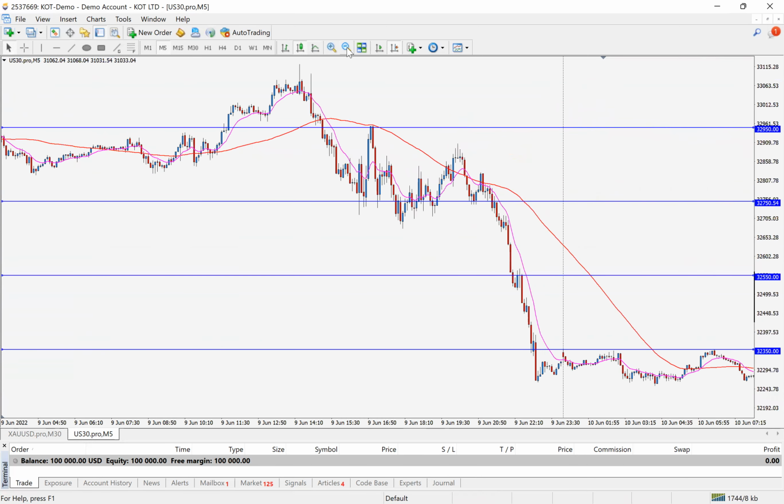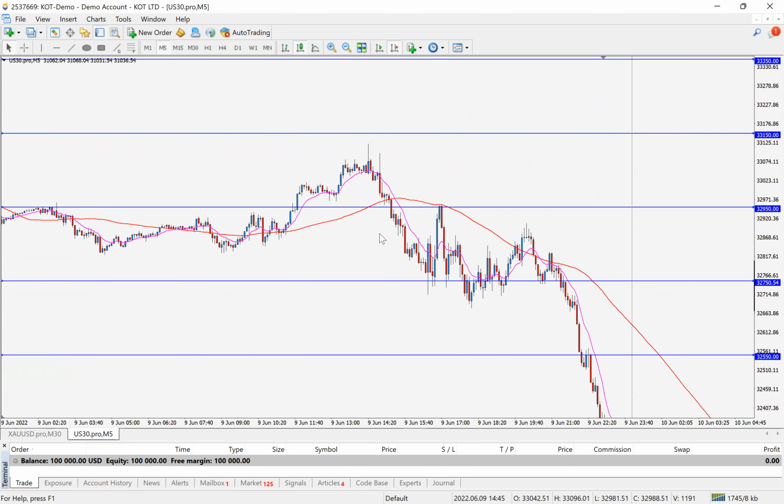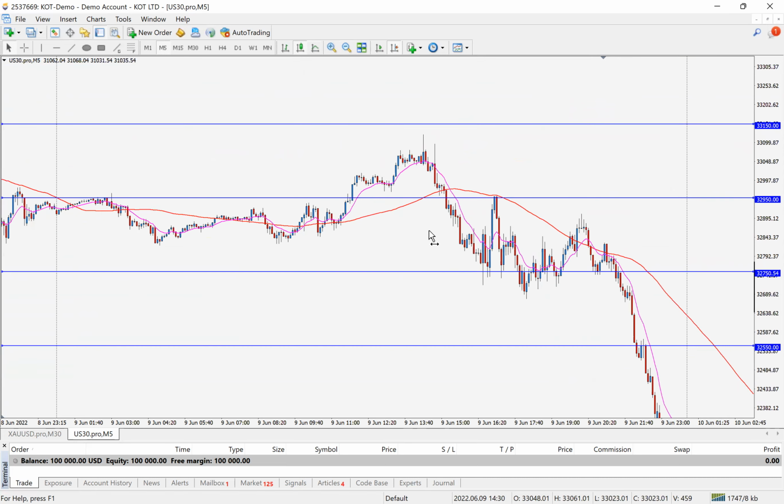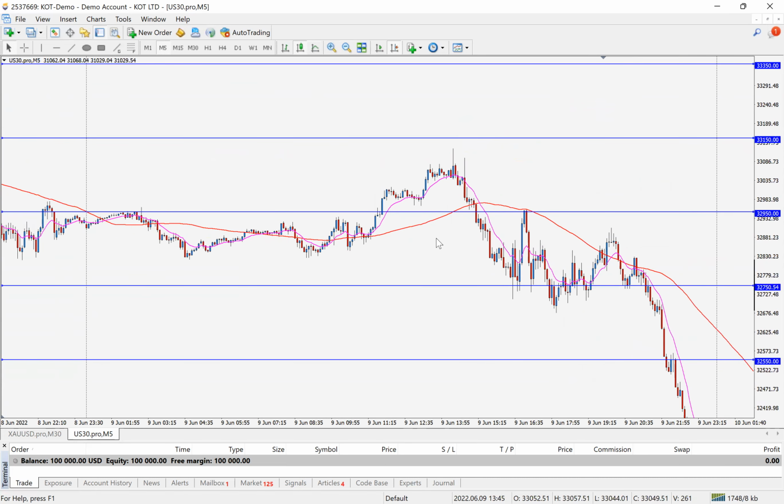Zoom out. So another thing is, US30 is United States of America, top 30 companies. I could be wrong, but some of the top 30 companies here in America, which usually opens in the morning at 7 o'clock, 8 o'clock, and that 9:30 opening.